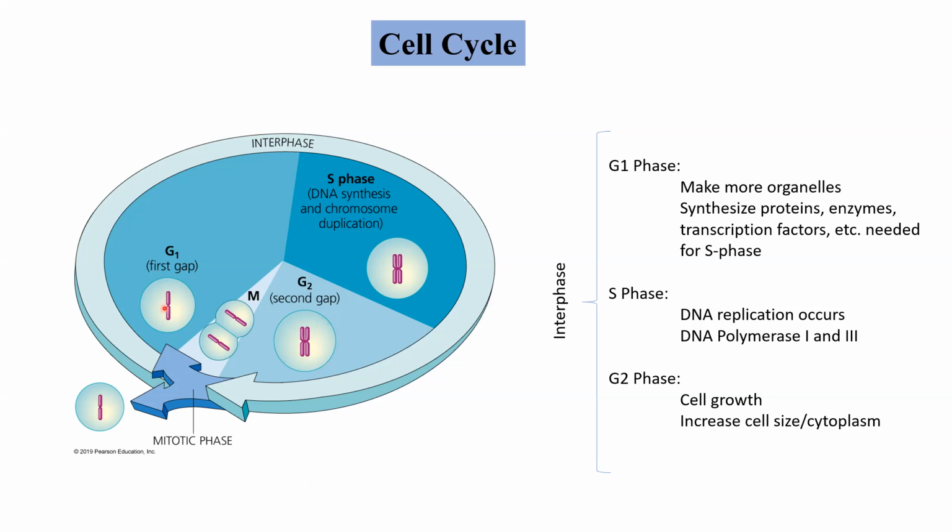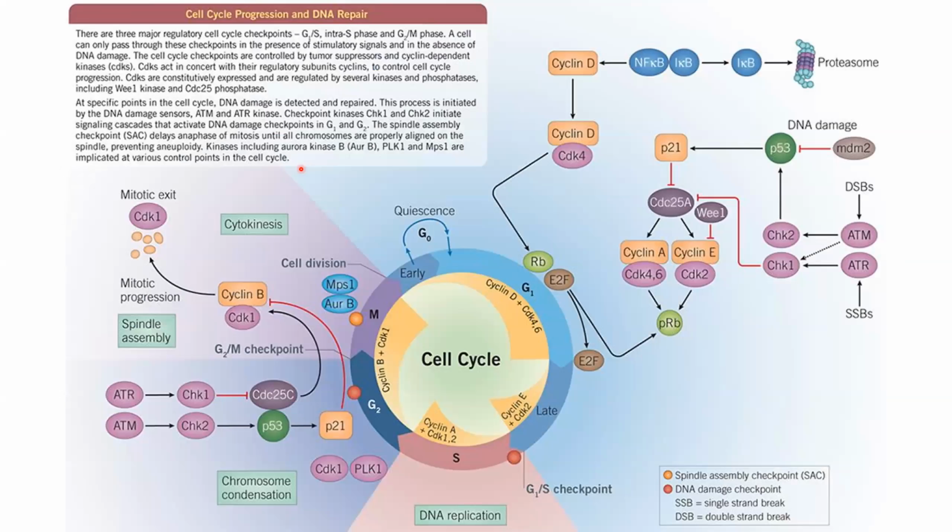So if you're starting to think like a scientist, you're going to be asking yourself, how do these cells know whether it's okay to go on to the next phase? And there are various checkpoints. I think this image might show it a little better. This image also shows that G0, that quiescent phase that I told you those hepatocytes just sit at and relax, do their thing until they're called into the cell cycle.